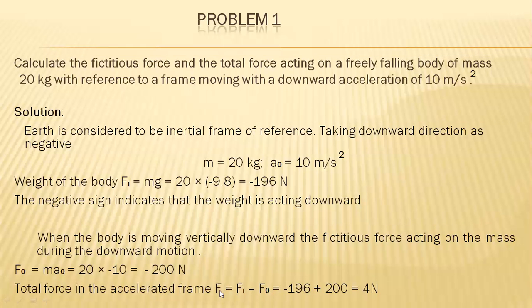Therefore, F equals Fi minus F naught. So the total force in the accelerated frame is Fi minus F naught, that is minus 196 minus of minus 200 N. Therefore, minus 196 plus 200 equals 4 Newton.